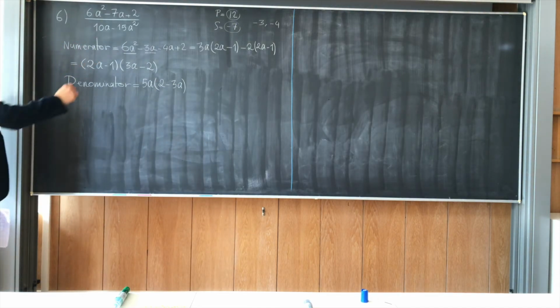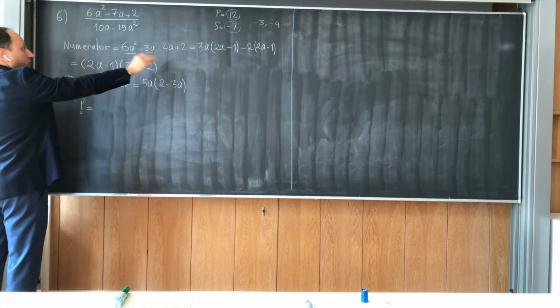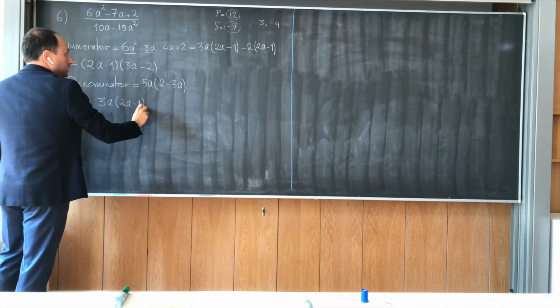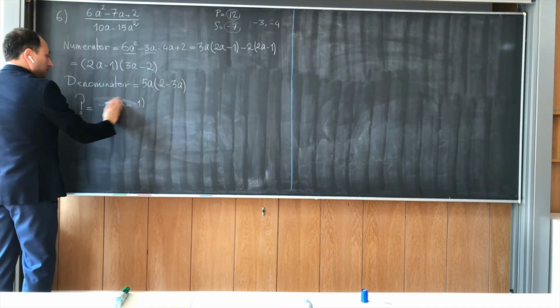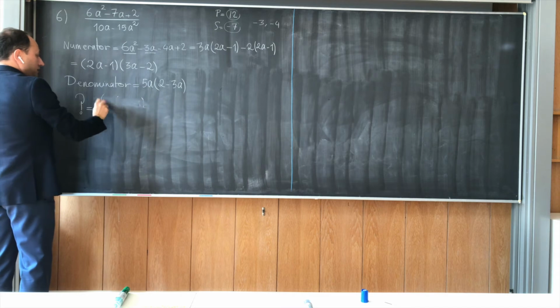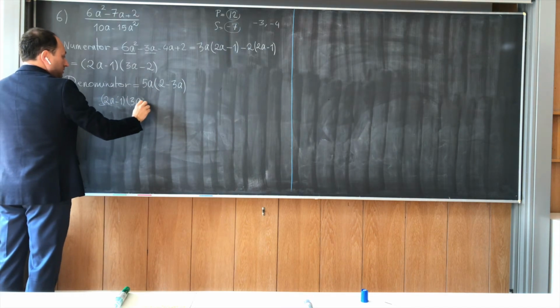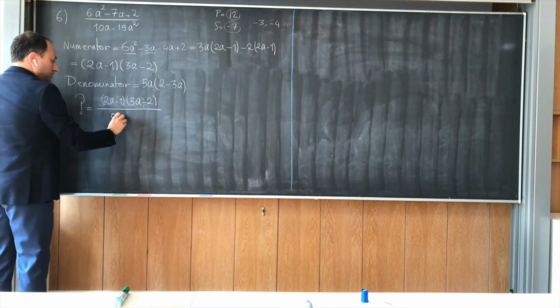Yes, and now the fraction becomes equal. Instead of numerator, I write 3a times 2a minus 1, I write 2a minus 1 times 3a minus 2. This is my factorized version. And then I divide this by this expression which is in the denominator.